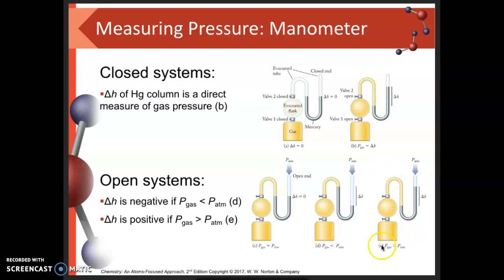And then finally, if the pressure in the tank is greater, it'll push the mercury up into the open end, and however far it pushes it up, we add that to atmospheric pressure, and that would give us the pressure of the gas inside. So that's just a little quick aside about pressure.